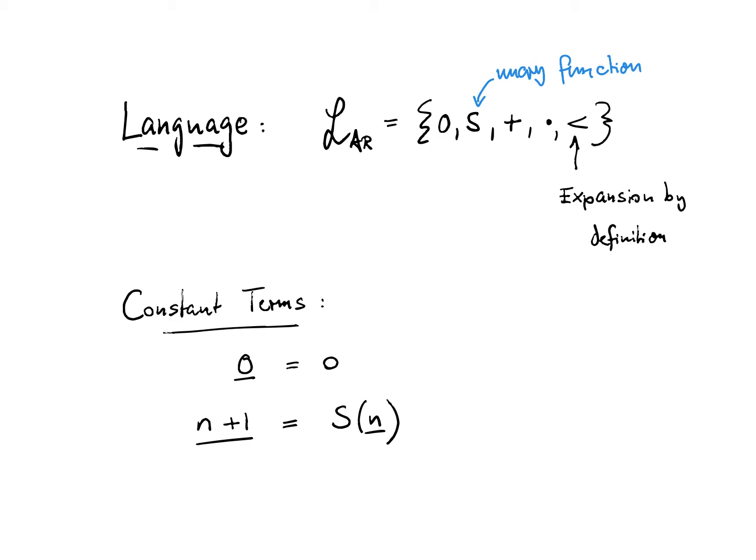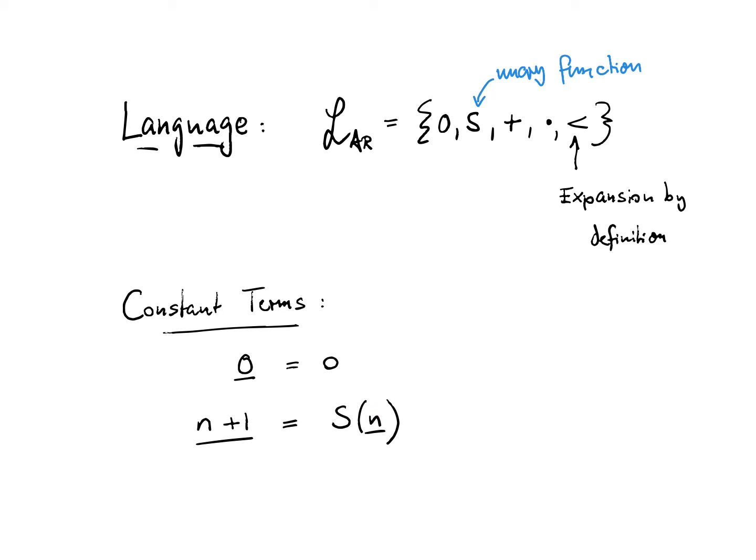We will also frequently make use of the constant terms. So these are terms representing the natural numbers in a structure, and we can get those by letting the constant term 0 be just the 0 symbol, and then the constant term n plus 1 is the successor of the constant term n.